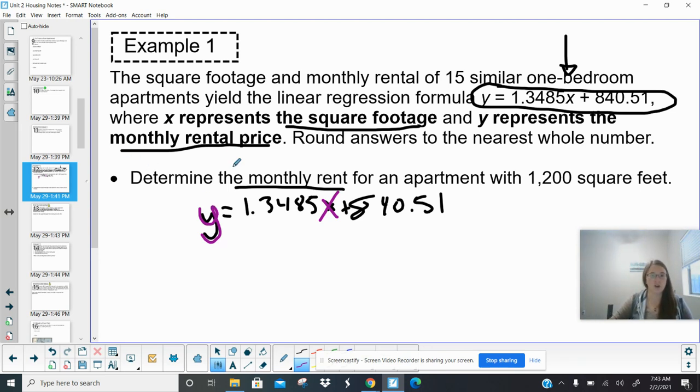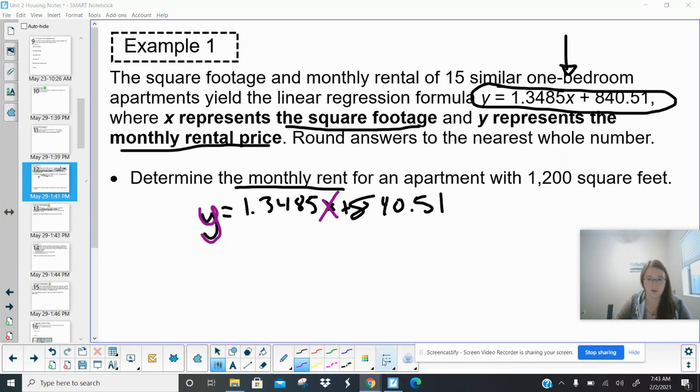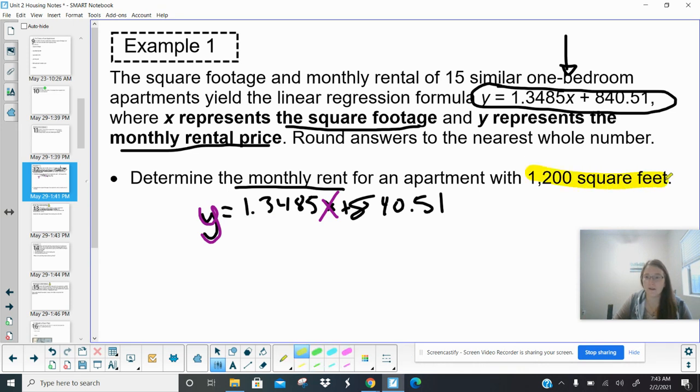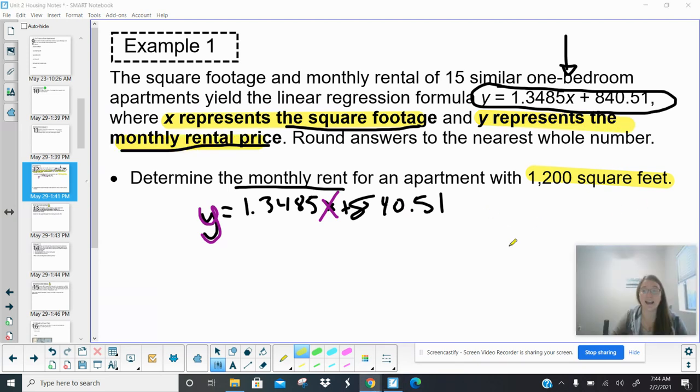It says determine the monthly rent for an apartment with 1,200 square feet. So here's what I want you to do. You can tell me, please, 1,200 square feet, reread these 2 little phrases here. If I have 1,200 square feet, is that X or Y? Reread what I had highlighted. Is 1,200 square feet X or Y?